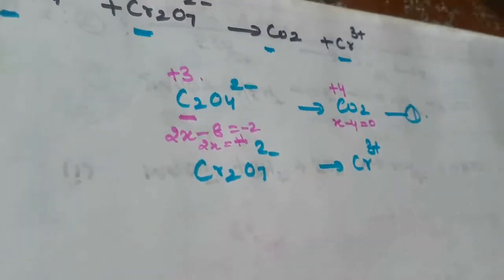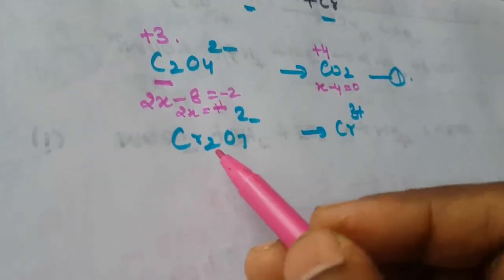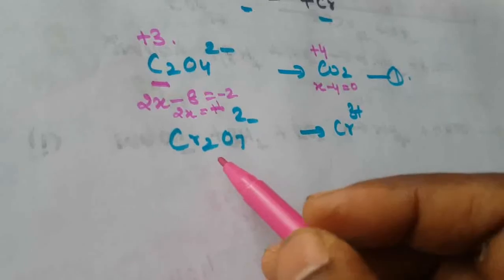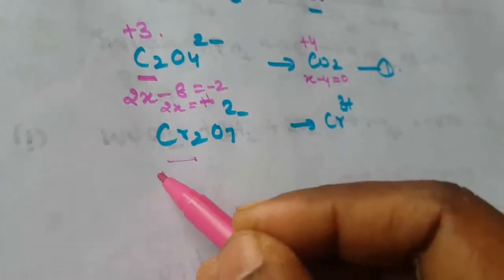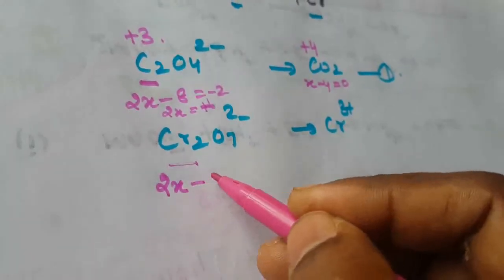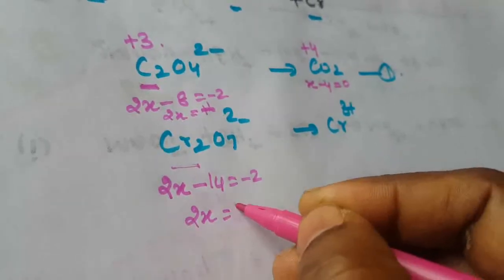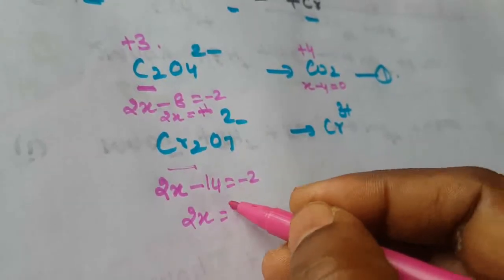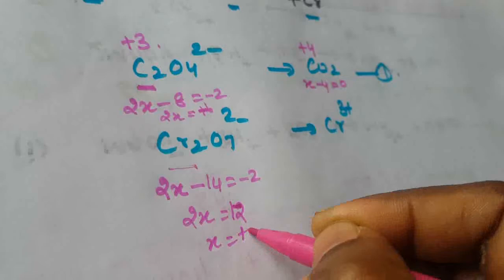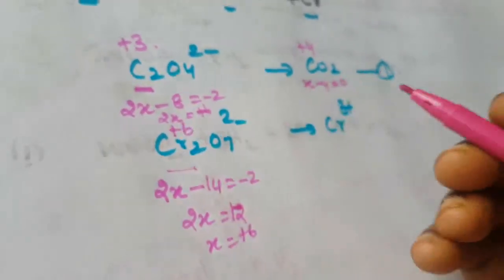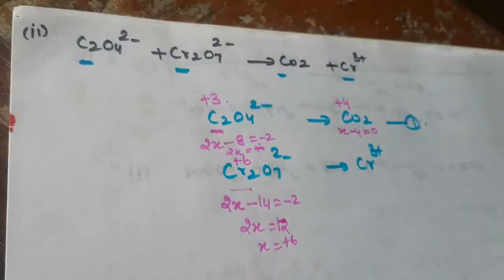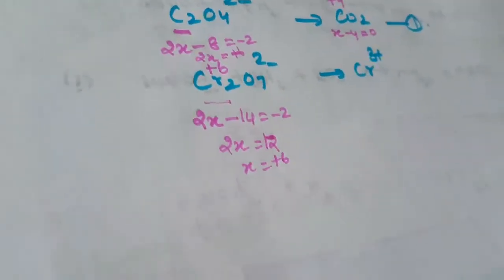Here oxidation state is plus 4. So here chromium is plus 6. How to calculate? So 2x minus 14 equal to minus 2. 2x is equal to 12, x is equal to plus 6. Okay, so here that is plus 6, here plus 3. Okay, so now you are adding.